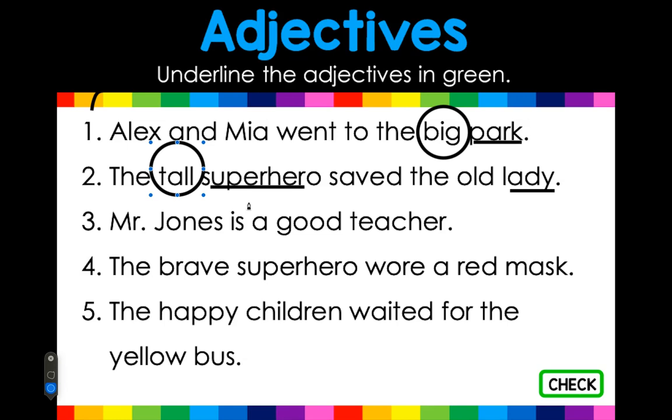Well, a tall one, of course. What kind of lady? An old lady. I am circling the adjectives. They are descriptive words that add flavor to our sentences by describing the noun in detail. What kind? How many? What color? What size? Okay, what it looks like.